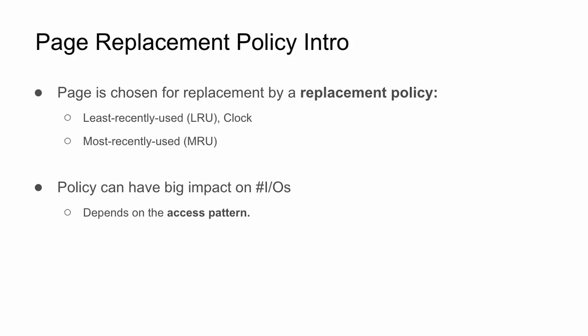Now, some of you may have heard some of these, some of you may have not. That's okay. We'll go through each of them. But what I want to stress is that the exact policy you choose can have a very big impact on the number of IOs. And it's important to choose the right policy for the types of tasks that you will be doing.